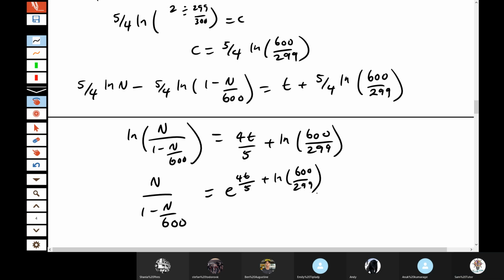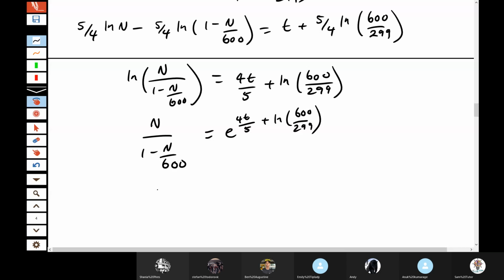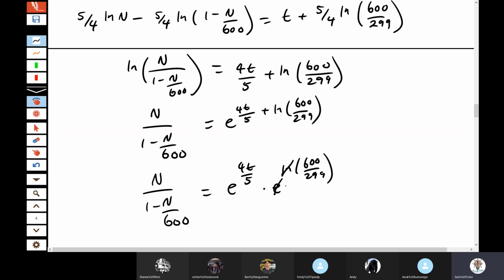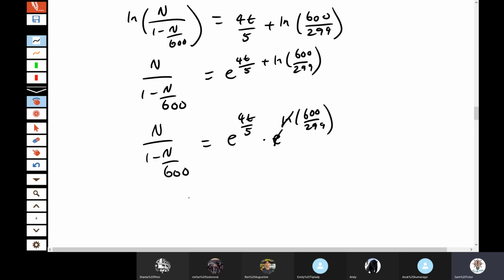Slide. So next line, n on 1 minus n on 600 equals 600 on 299 e to the 4t on 5. Your e and your log will cancel out, and then you should get the next line.